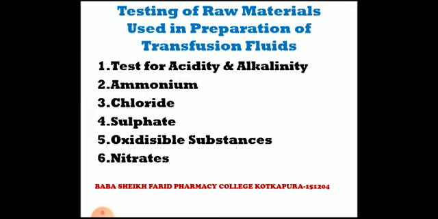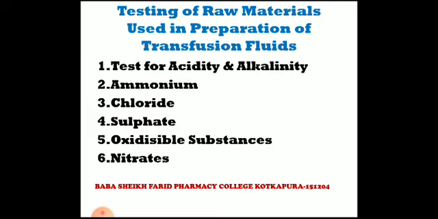Another very important part, after the first part, is the testing of the raw material used in the preparation of transfusion fluid. It means we have to test the raw materials used in the preparation.